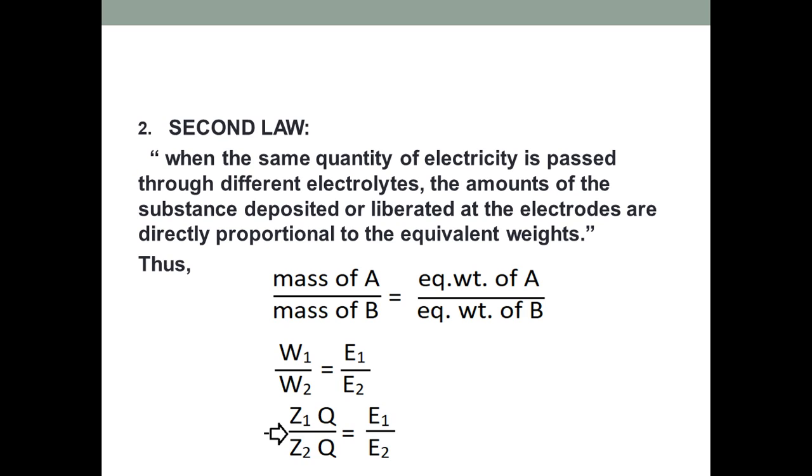The formula that we derive from this law is that W is directly proportional to E, so we can write W1 divided by W2 is equal to E1 upon E2. In your examination, out of these four unknown parameters, three are already given, and the examiner will ask about the remaining one.